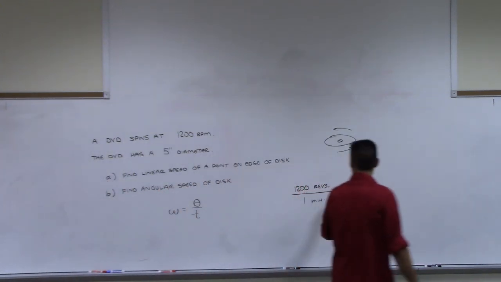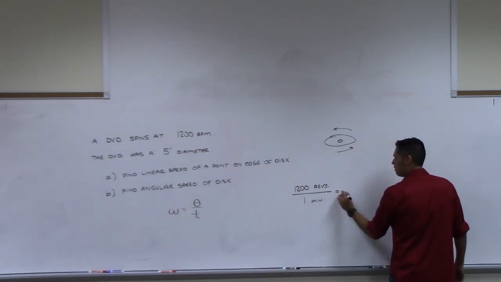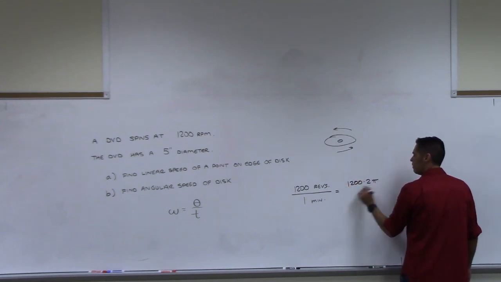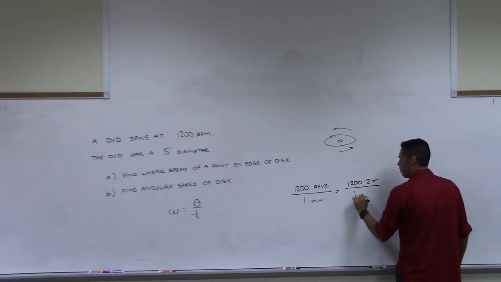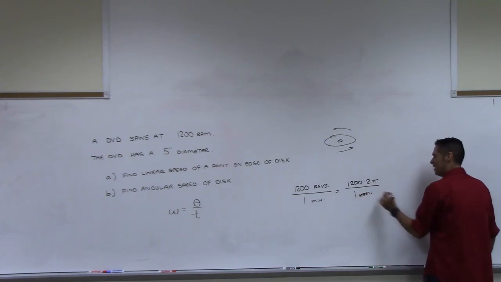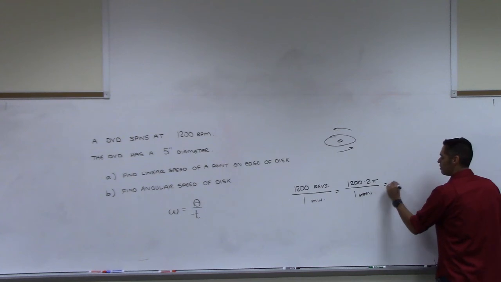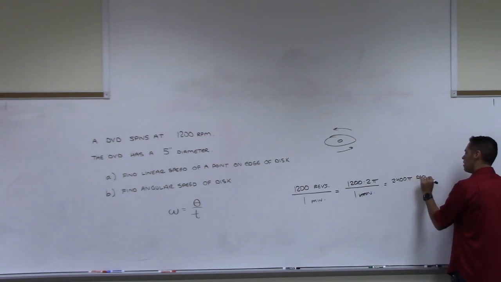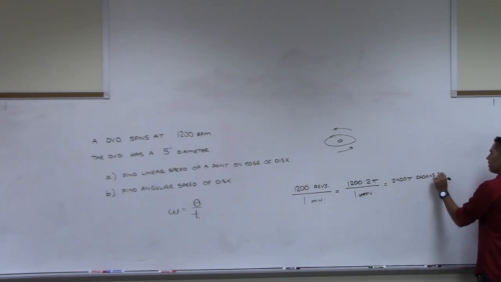So all you have to do is take 1,200 times 2 pi, and that's per 1 minute. Oops, minute. All right, which is 2,400 pi radians. You don't have to write radians, but it's nice to be clear per minute.